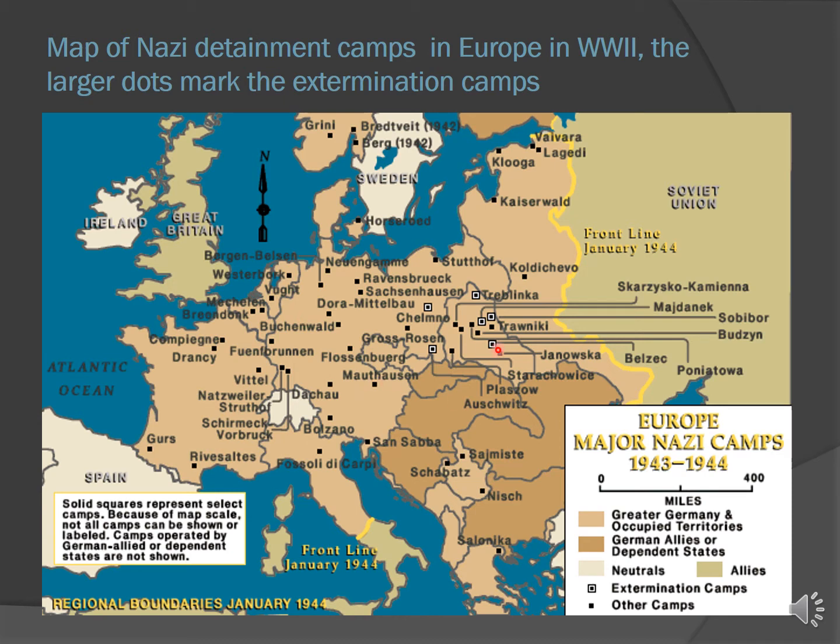And then you'll see here the black dots with the white around it. These are the extermination camps, as I mentioned, primarily located here in Poland. So these are the camps that had the big gas chambers, the big crematoriums for burning the bodies, etc.